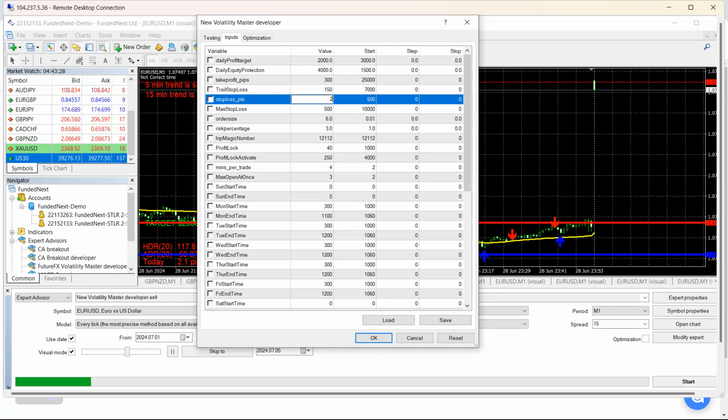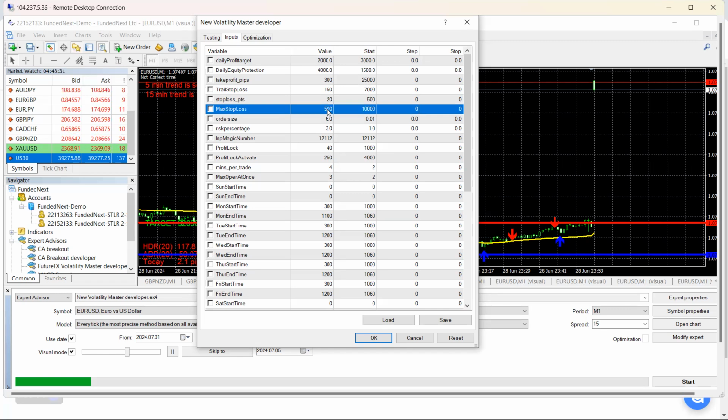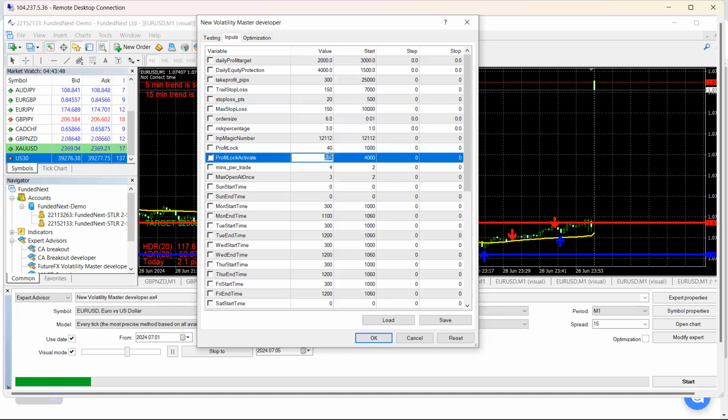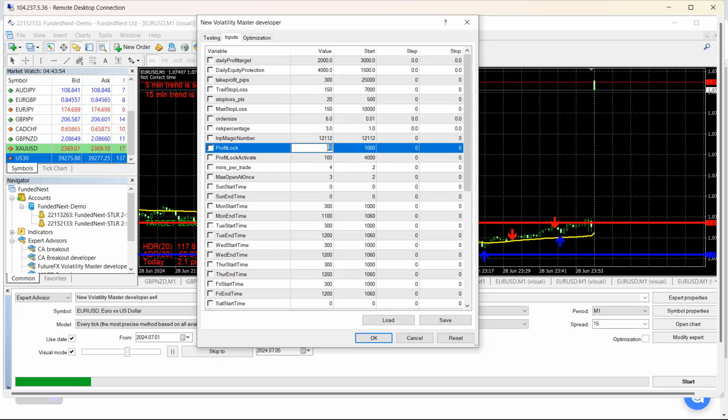My stop loss I'm going to put down to 20. Max stop loss, probably just something like 150, and I'll talk a little bit more about that one in a second. I won't worry about the lot size for the moment. I'm going to adjust my lot size to keep it at a 3% risk. But I'm also going to have to reduce my profit lock setting. I'll go down on that one too.